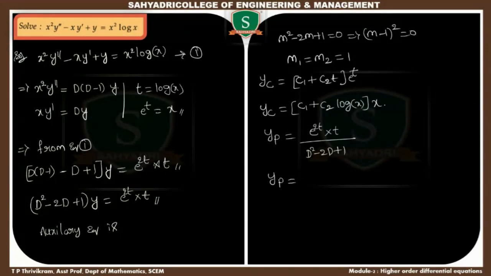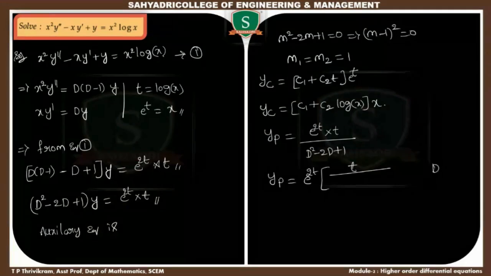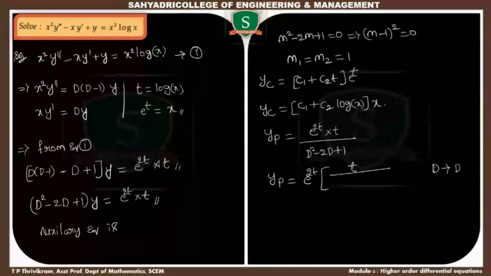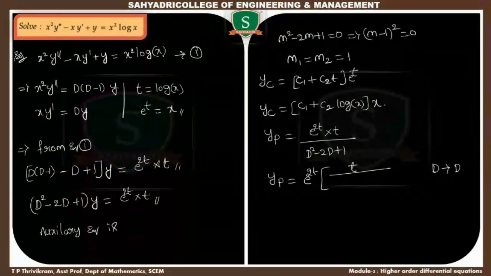In type 4 what we'll do: e power 2t you keep aside, t divided by, in the place of D, we substitute D plus 2. So D plus 2 whole square minus 2 into D plus 2 plus 1.